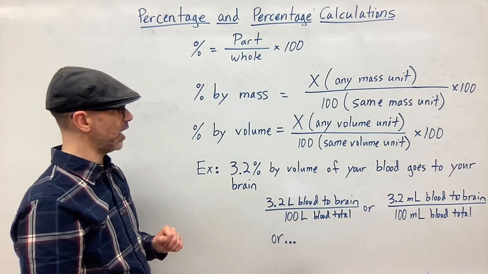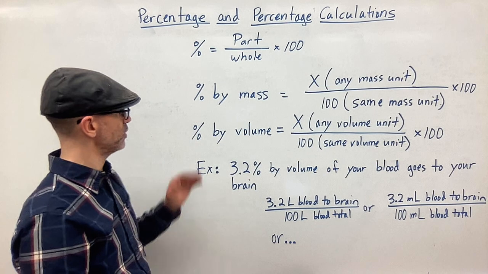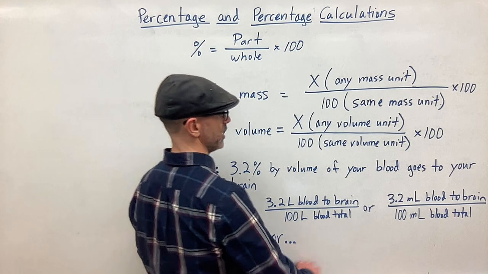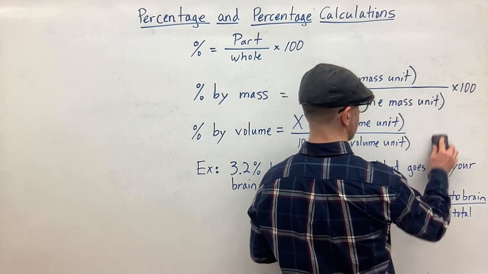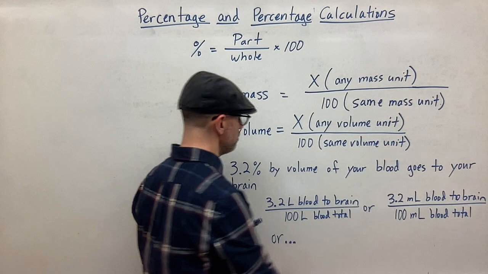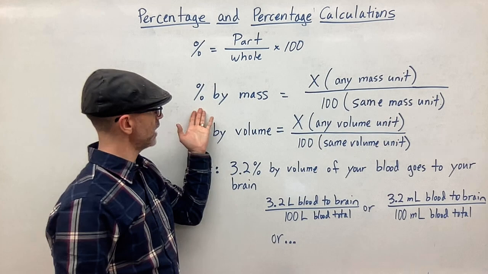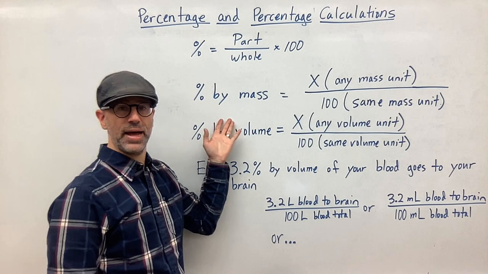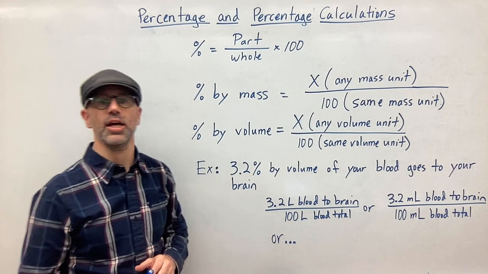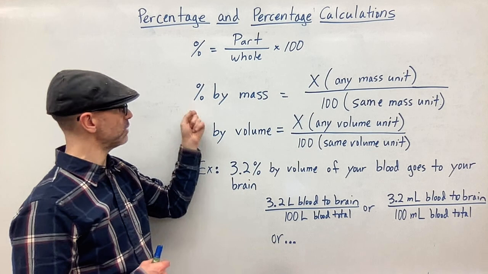Okay, so that's what percent means. And actually, you don't even need the 100 here, so we could erase this, right? That would actually be redundant. So if you're given a percent mass, you can make it into a fraction out of 100, because that's what percent means.